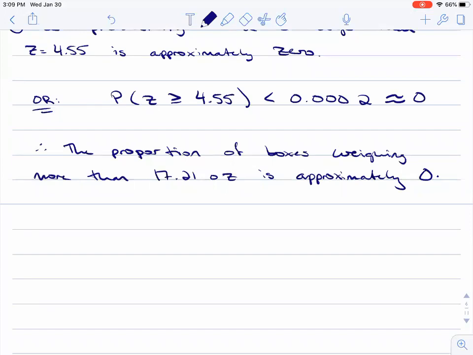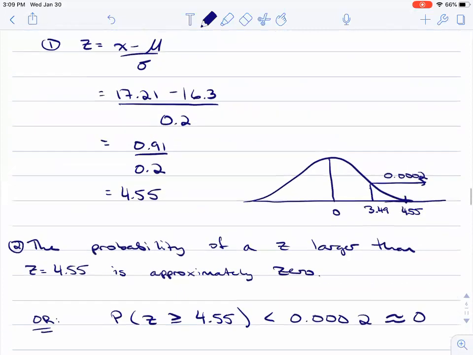Any questions about that one? If your Z score is a negative number, you just take whatever this number is on the table. It just depends on which area you're looking for, right?